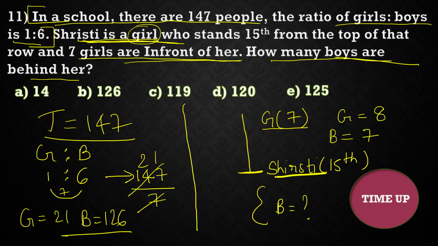The total number of boys is 126 minus the boys which are in front of Srishti, that is 7, and you will get the answer of how many boys are behind her, that is 119. So 119 is the correct option. C is the correct option. I hope you got this.